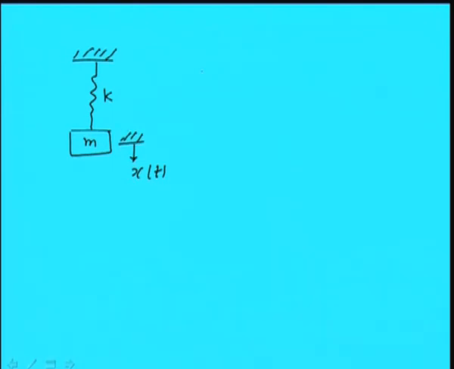So, in this particular case, we know that the displacement is given as amplitude times the harmonic function. Velocity can be obtained by differentiating this quantity, which is given as this.